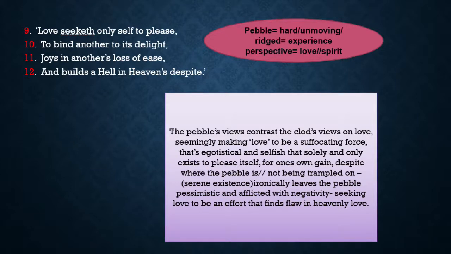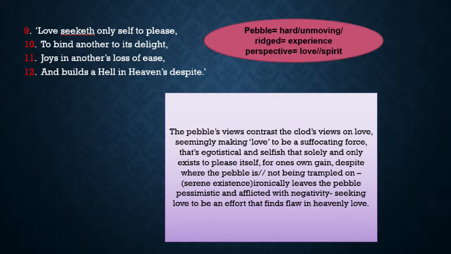So the pebble is not in a bad place, right? The pebble is in a river, it's chilling, living its life. Nice. But it still remains unchanged. It's not being trampled on like how the Clod is being trampled on. No, it's been nice in the water and just living its life.